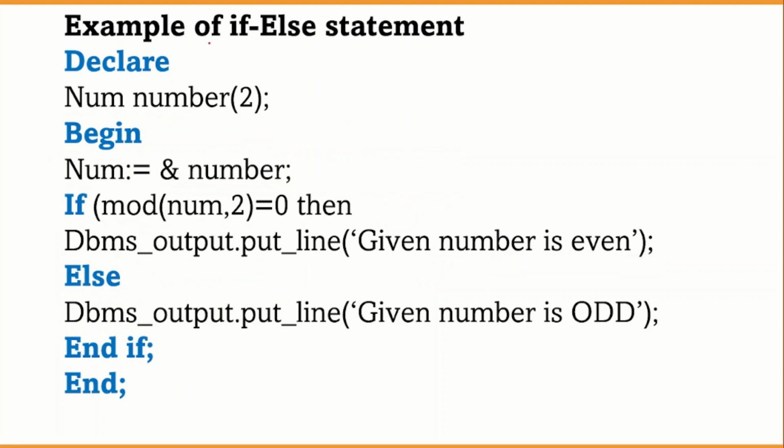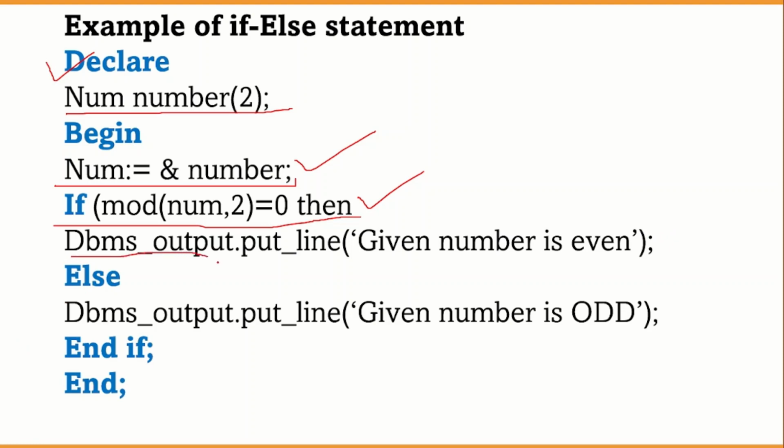Next, example of if else statement. Declare we all know. So we have taken a number. We have read the number using this statement. Then we have checked whether the given number is even or odd. If this condition is true, then this will go in the output, means we'll get output like given number is even. Otherwise, if this condition is false, in that case we'll get a message given number is odd.